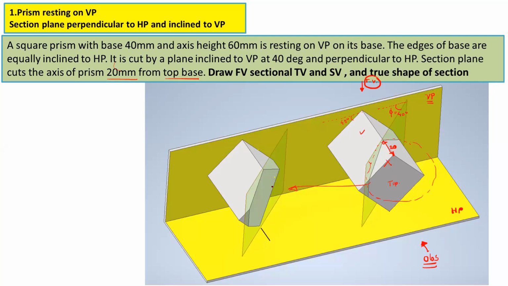For this remaining portion, we will draw the front view, that is a sectional front view, then the top view, sectional side view, and the true shape of this section. Just make one change: draw this sectional front view and just the top view, because in the top view we will not observe any section.